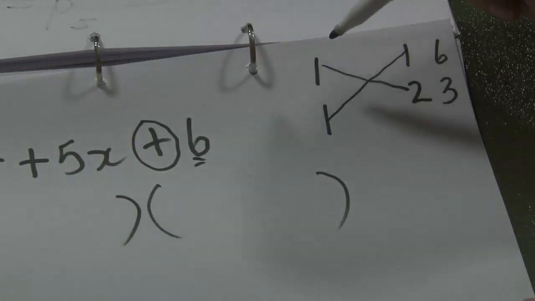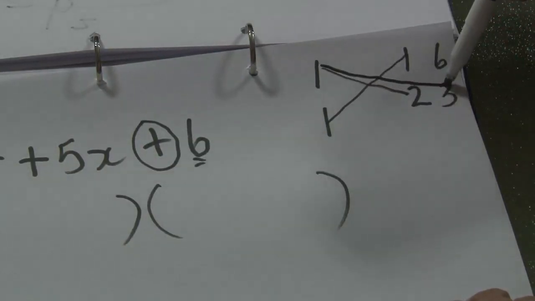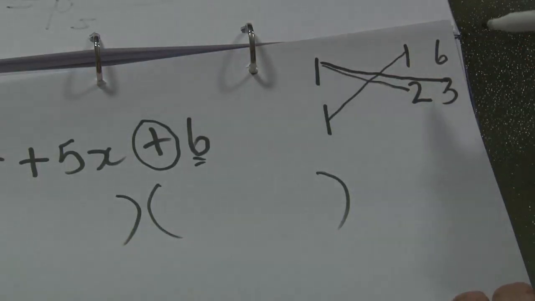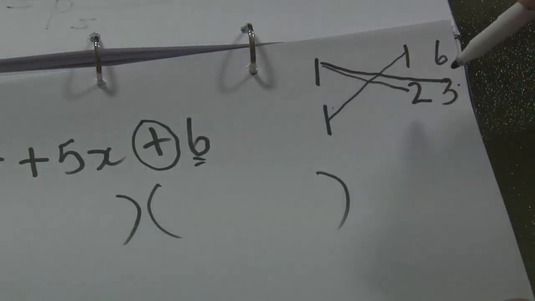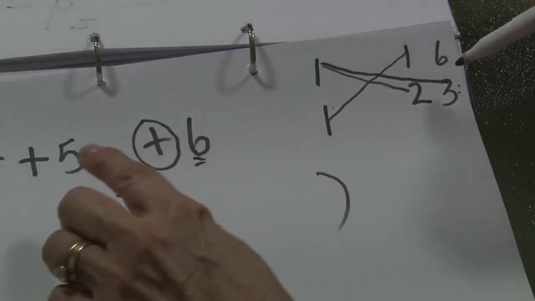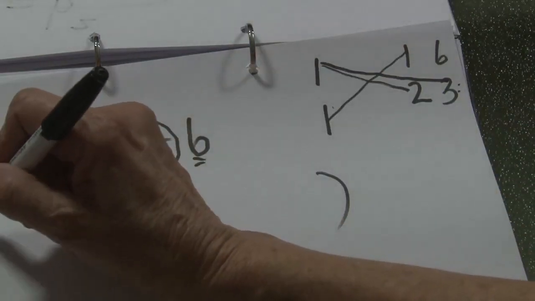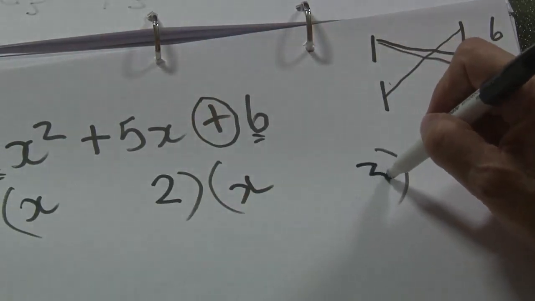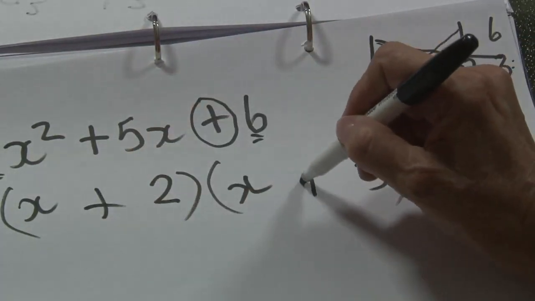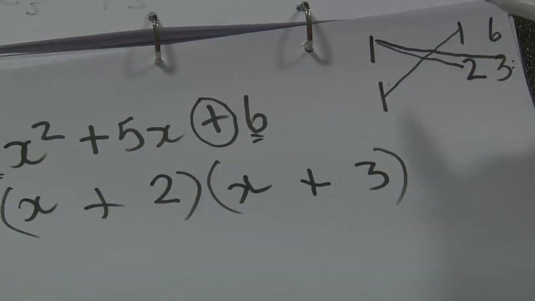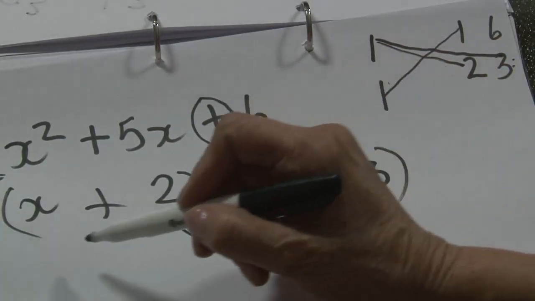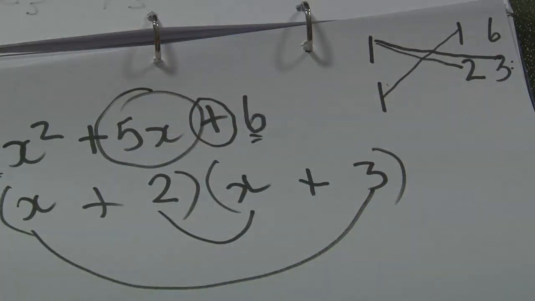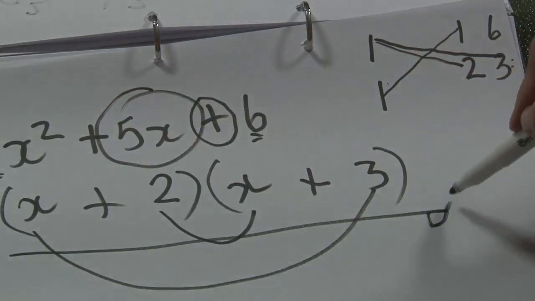Okay. 1 times 3 is 3, 1 times 2 is 2, 2 plus 3 gives me 5. So it will be x, 2, and x, 3, plus and plus. Do the smiley test. 2x plus 3x gives me 5x. And this is the answer for that one.